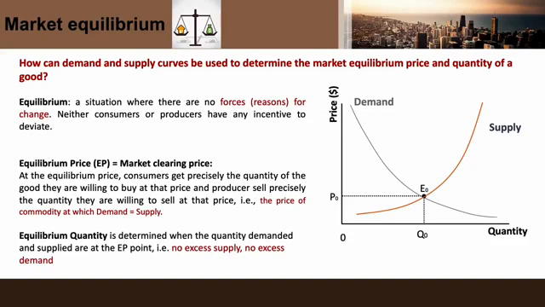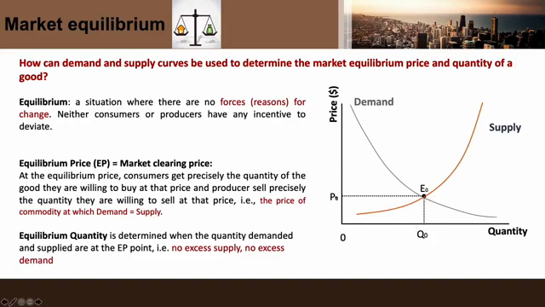Similarly, equilibrium quantity is determined when the quantity demanded and supplied are at the equilibrium point. Here it is represented by point E naught, which is the intersection of the demand and supply curve. So at this point, the quantity demanded and quantity supplied are both equal to Q naught.